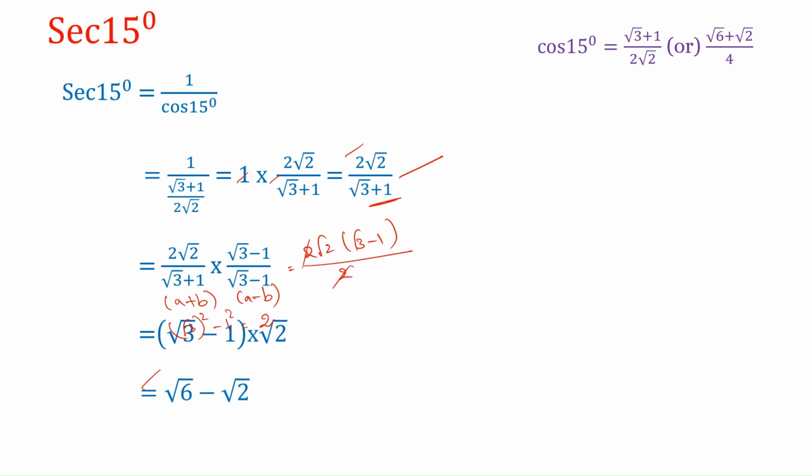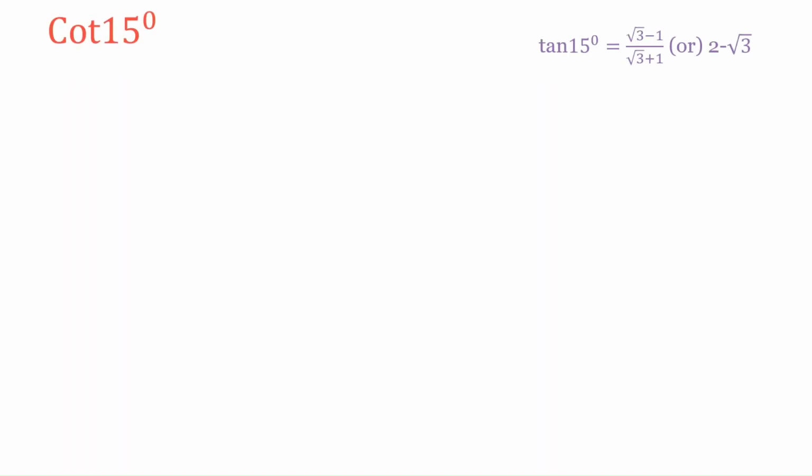Now we'll calculate for cot 15. Cot 15 is nothing but 1 by tan 15. Tan 15 value we already know, so you can substitute any one of these. If we do the second one, 1 upon 2 minus root 3. Now to rationalize this, multiply both numerator and denominator with 2 plus root 3. If we do this, the numerator will be 2 plus root 3.